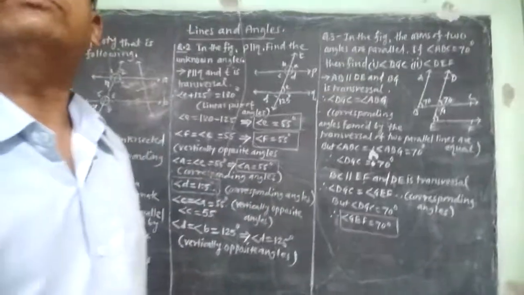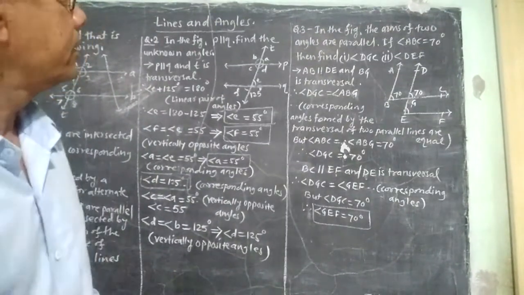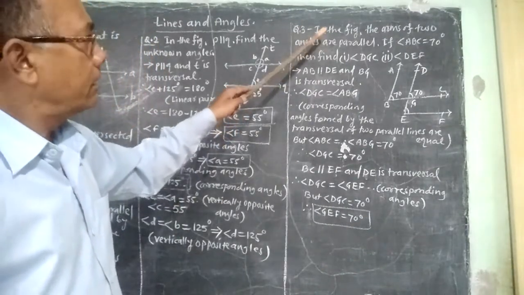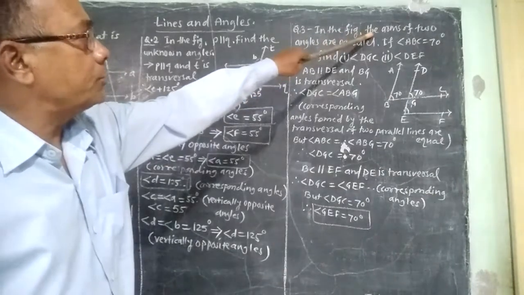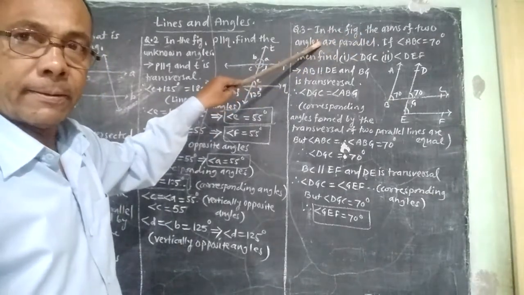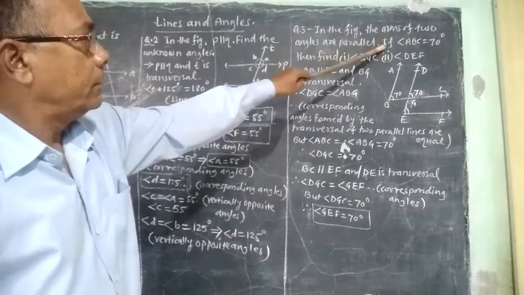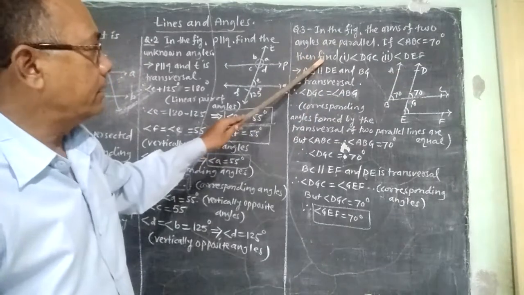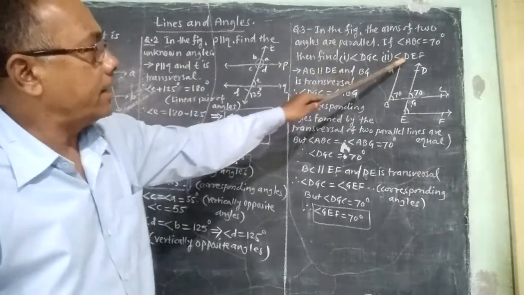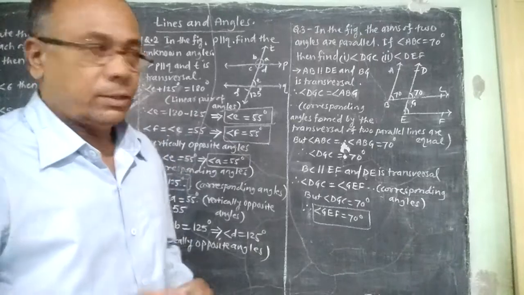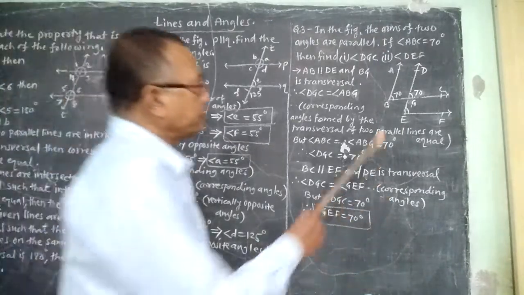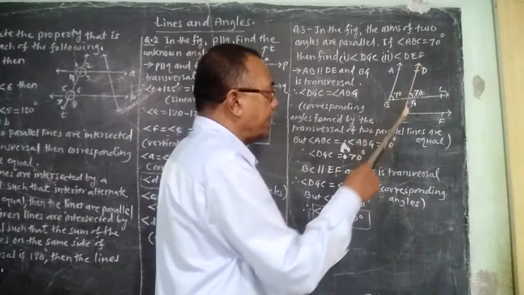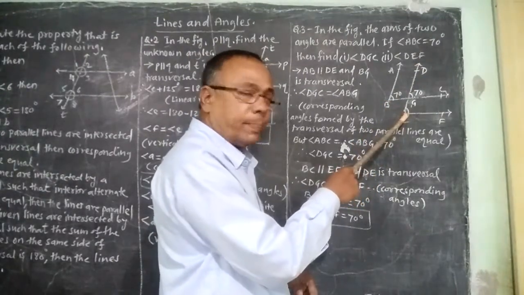Now we will see the third question. Here in the third question it is given that in the figure the arms of two angles are parallel. If angle ABC is equal to 70 degrees, then find angle DGC and angle DEF. Here it is given that the arm AB of angle ABC and arm DE of the second angle DEF are parallel.